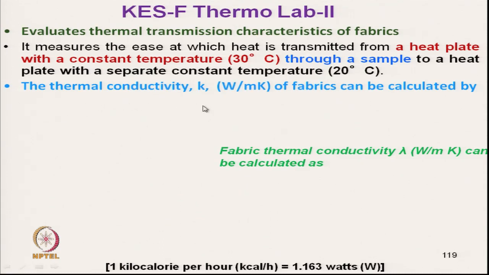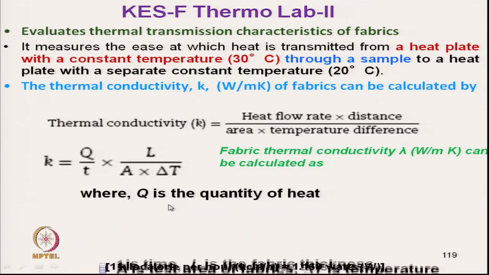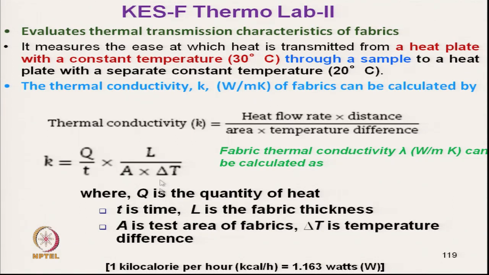The thermal conductivity K, in watt per meter Kelvin, of the fabric can be calculated using a simple formula. Thermal conductivity K is heat flow rate multiplied by distance, that is the thickness of the fabric, then divided by the cross section, the area of the fabric, and the temperature difference. So, this will give a direct value, where Q is the quantity of heat flowing from the hot plate to the cooler plate, t is the time required, and L is the fabric thickness.